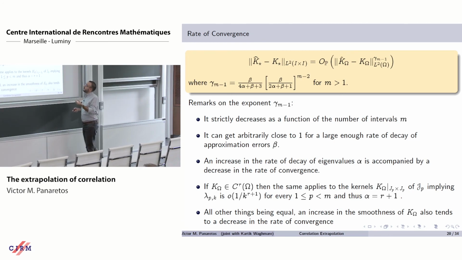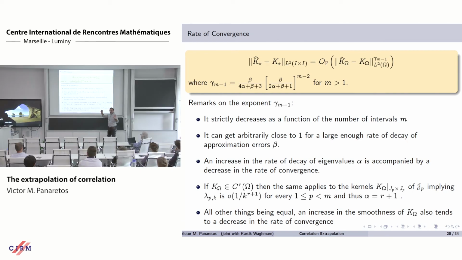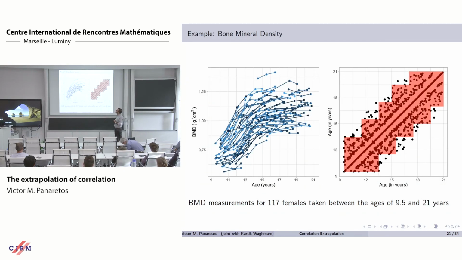The most pessimistic message is that your convergence rate worsens with m. The finer the serration, the worse the rate seems to get. We think that it's not quite so pessimistic in practice, and I should stop here.